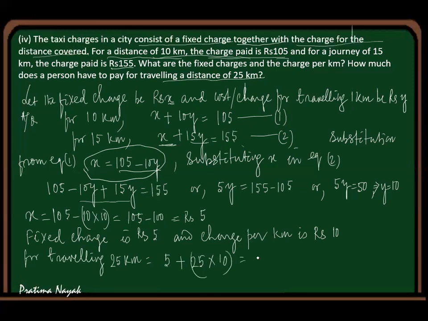So this will be 5 plus 250, that will be 255 rupees. I hope you have understood. I made a mistake earlier, it will be 105 minus 10y, y should be 10. So it will be 10 into 10, 100, 105 minus 100, this is rupees 5 fixed charge.